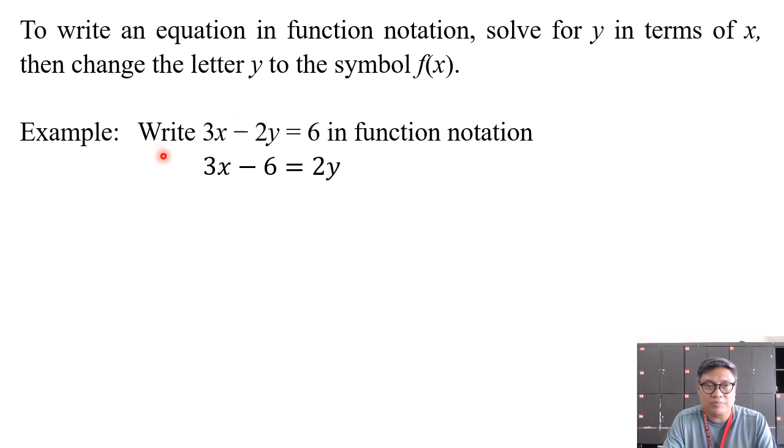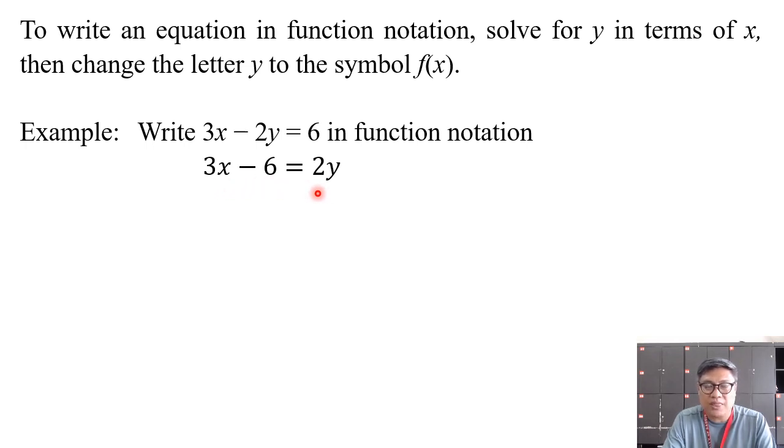Say, for example, if you're going to write 3x minus 2y equals 6 in function notation, first we isolate the variable x and the variable y. It doesn't matter, class, which side, as long as the variable x is on one side of the equation and the variable y is on the other side.